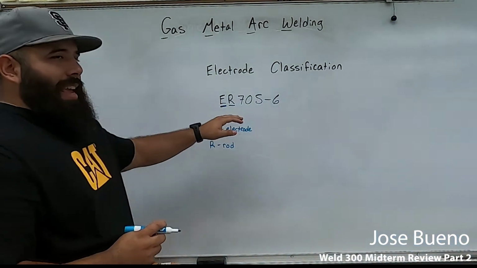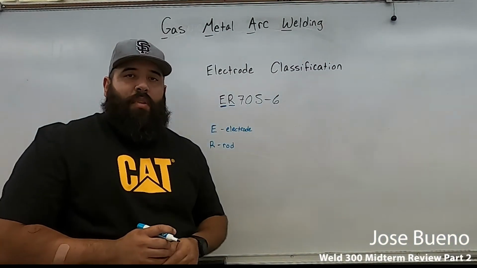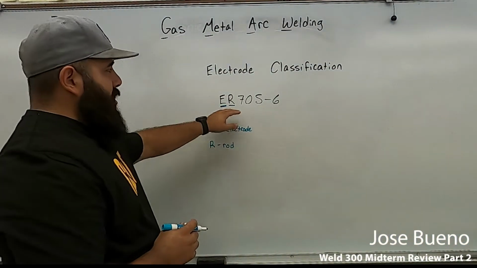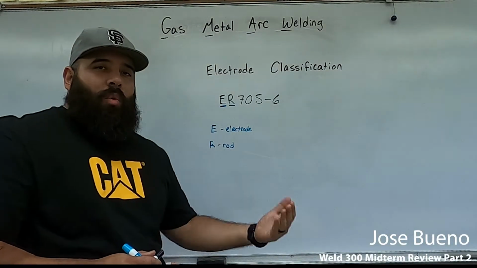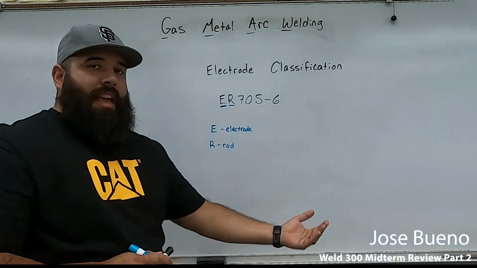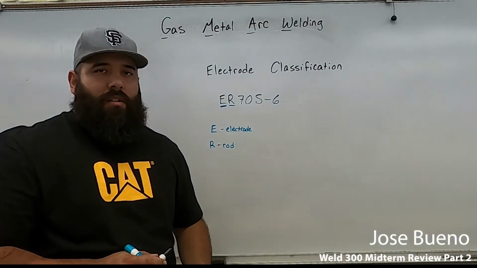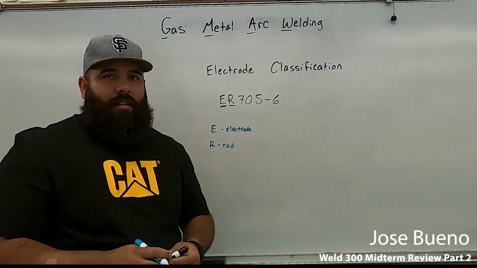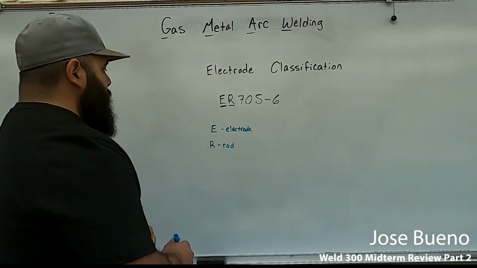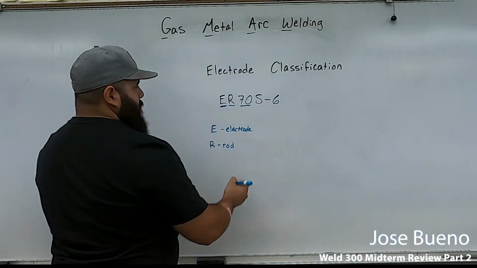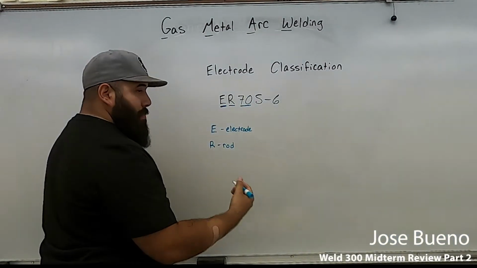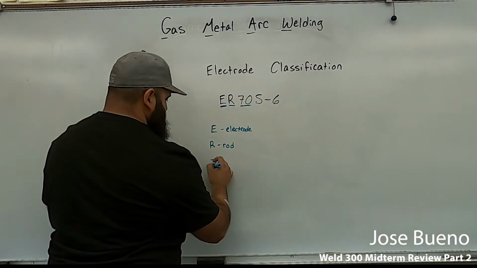This will come into play in future welding processes where we can use the same wired electrode, but only as a filler rod, and something else is going to carry the current to create the welding arc, but more on that later. Now, the first two digits are going to be the minimum tensile strength.